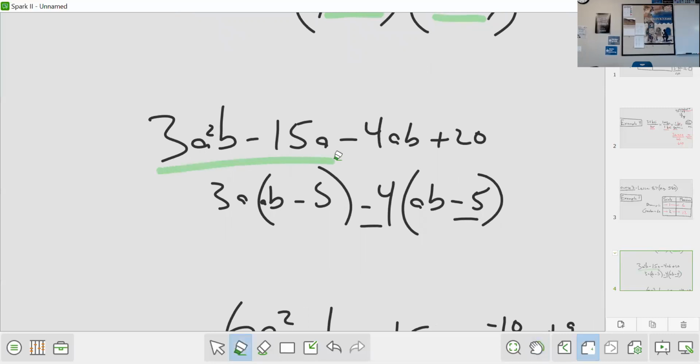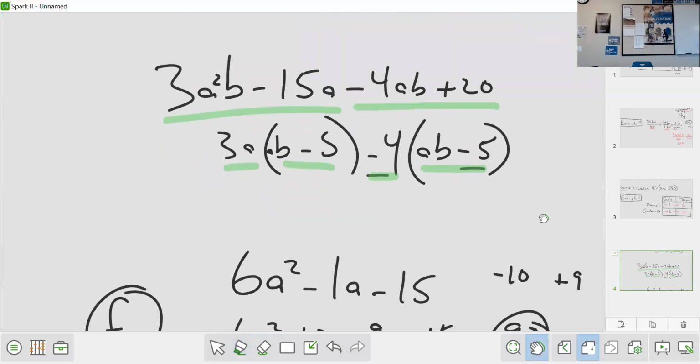Yeah, I rearranged it in one of the practice problems that you have to do on the assignment. I rearranged it so I had these two terms first. Factor out a 3a, and I get b minus 5. And then here, I'm going to factor out a negative 4, and I get an ab minus 5, because a negative times a negative gives me that positive 20. And then I can put them together.